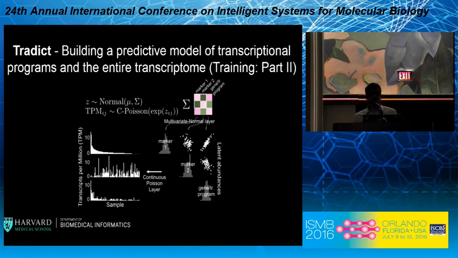So now that we have a collection of markers that we believe are going to be representative of the transcriptome, we need a way of building a predictive model to go from these markers toward a prediction of transcriptional program expression and the expression of the remaining genes in the transcriptome. So what we've done here is, this is the full generative model that we're assuming of our data. And the idea is that there's some master covariance matrix between markers and the other genes in the transcriptome or transcriptional programs.